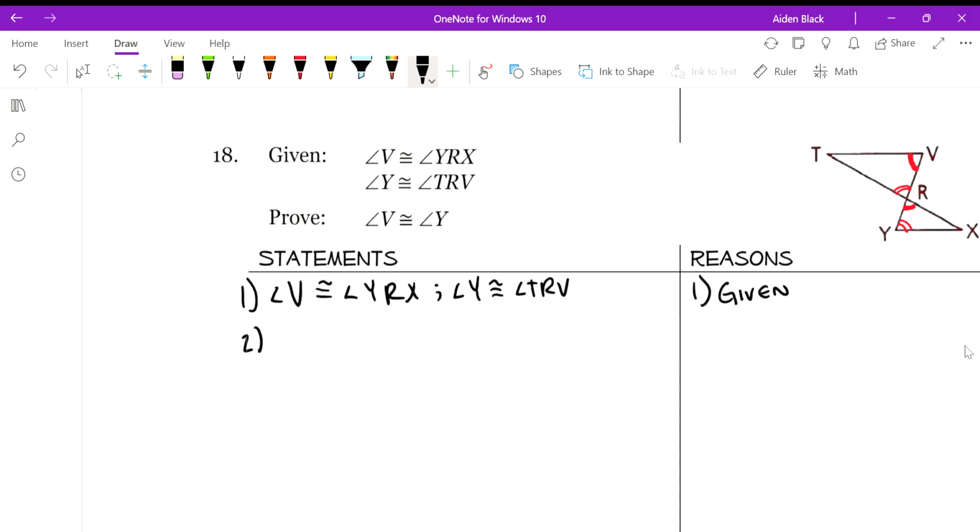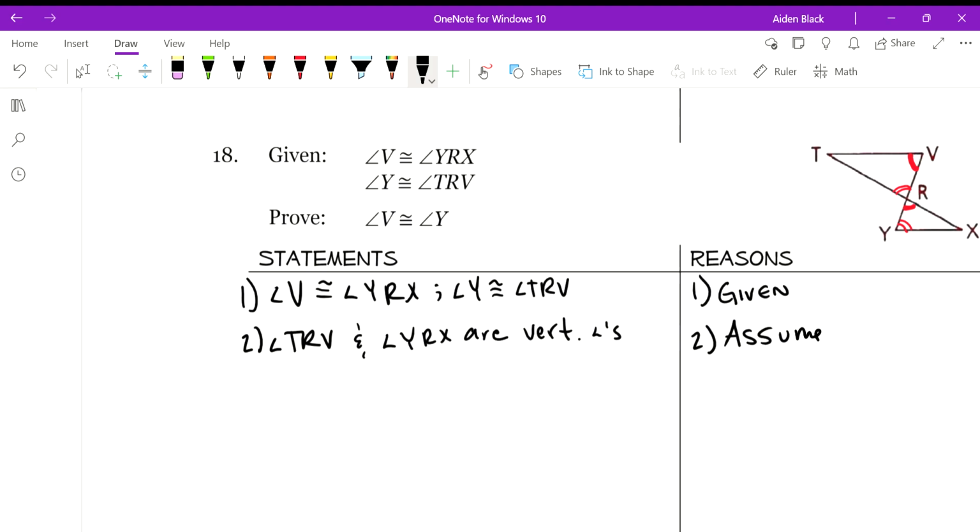Number 2, I'm going to point out to the reader, to my audience, that angle TRV and angle YRX are vertical angles. How do I know this?